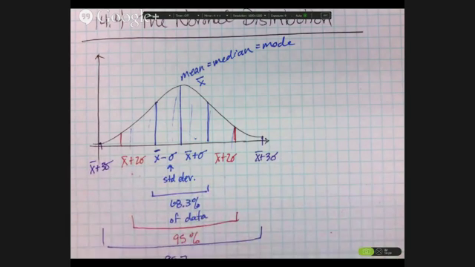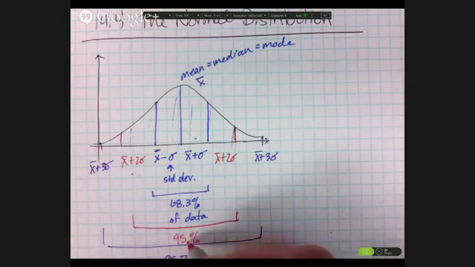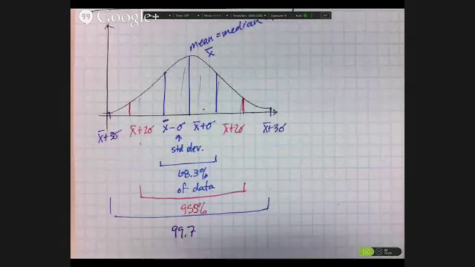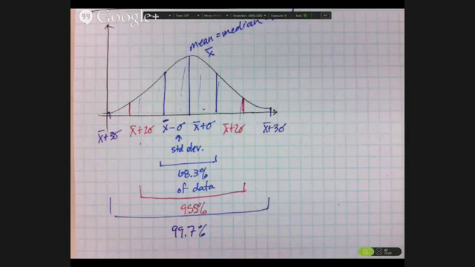And our book actually says this one should be 95.5. Wow, that's been cool. Okay, so that's the normal curve, and that's where the data sits.